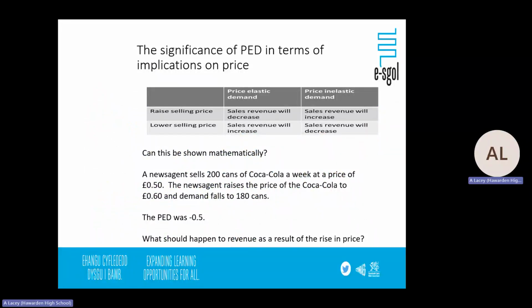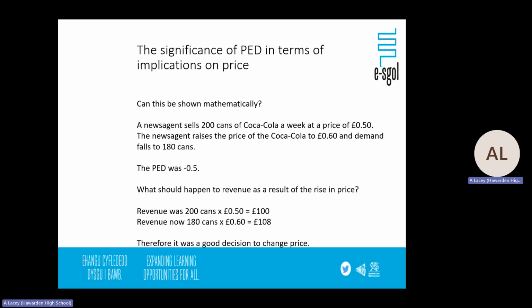Okay, so significance of PED in terms of implications on price. It can also be shown mathematically, as we've seen. We've looked at that example before, and we've looked at what should happen to the revenue. What should happen to the revenue as a result of rising prices is that revenue was 200 cans times 50p, which was £100, and revenue is now 180 cans times 60p, which is £108.